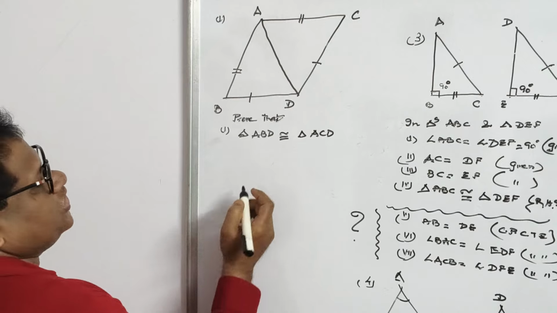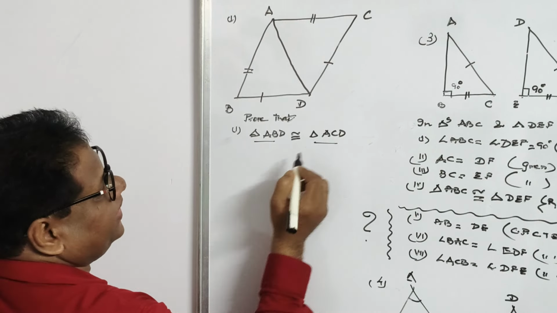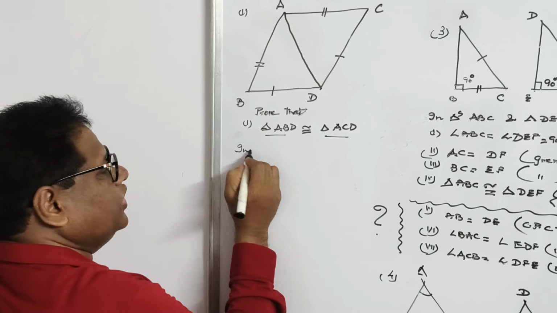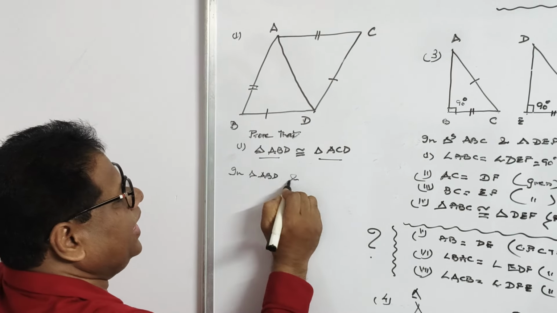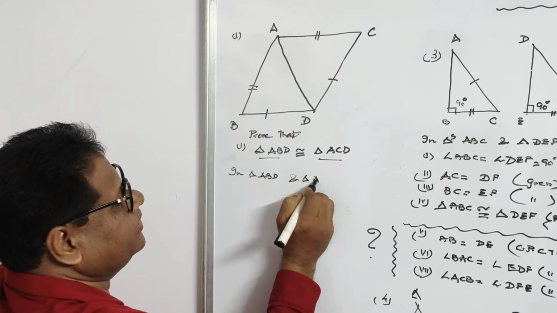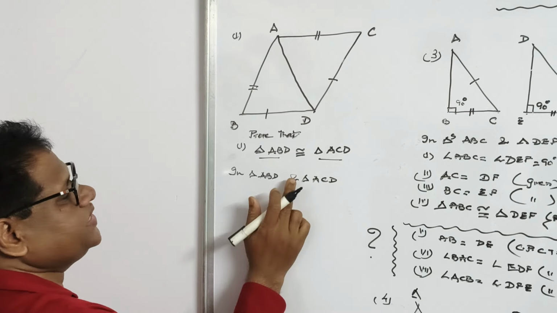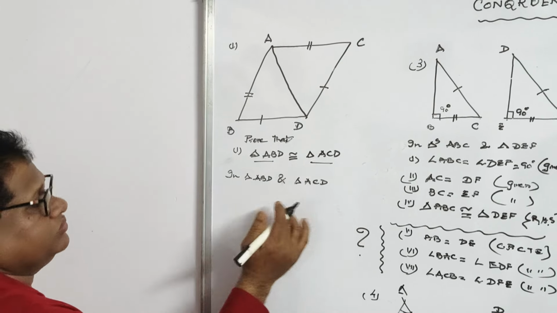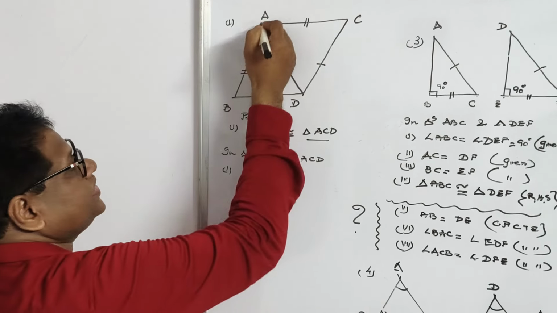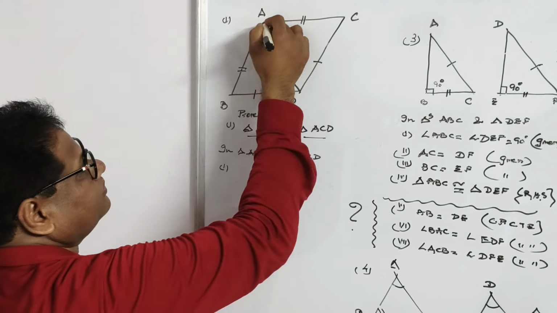First of all, the triangles are already there, so you have to clearly state the two triangles, triangle ABD and triangle ACD, in which you are going to prove congruency. First, side AB equals side AC.